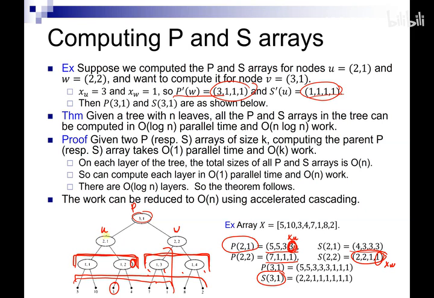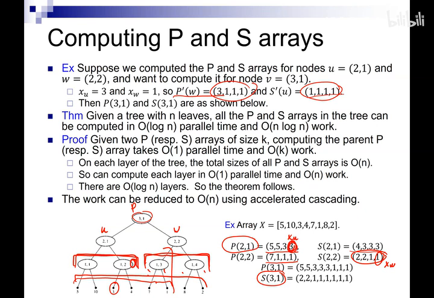If you add together all of the nodes in a layer, there are n values in the subtrees that they all cover, and so the amount of work is order n. So each layer can be computed in order 1 time and order n work, and you have log n layers, and therefore we get this theorem.